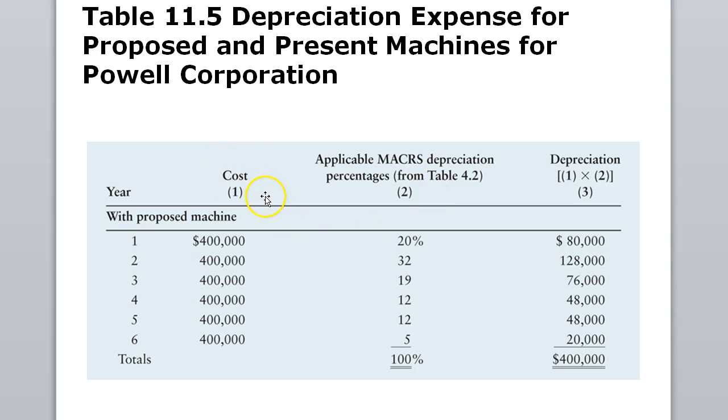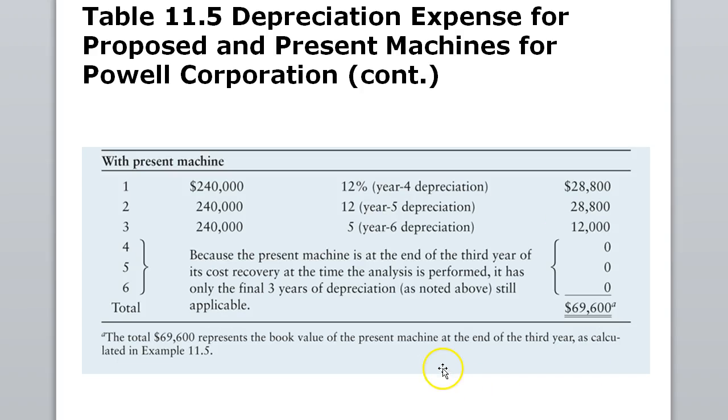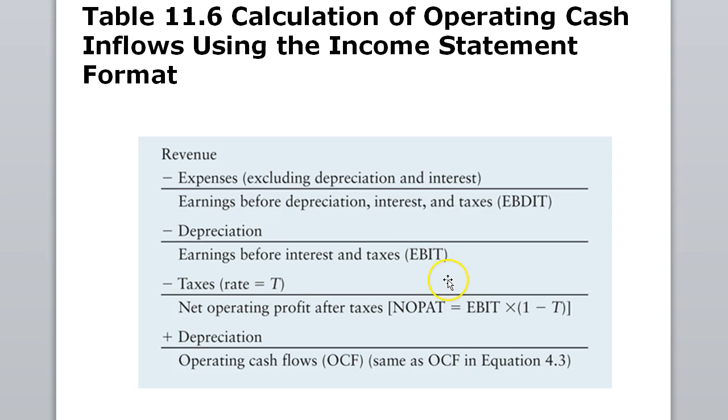Here we have the depreciation schedule for the cost of the new machine at the modified schedule for a 5 period, and calculating the depreciation, how it's fully depreciated. And then we can see that with the present machine, here is the depreciation in years 4, 5, and 6. So the total, we have only had it for 3 years, so we'll only depreciate $69,000 of it.